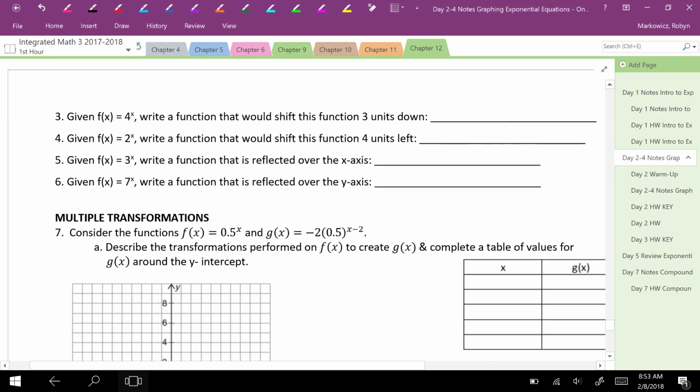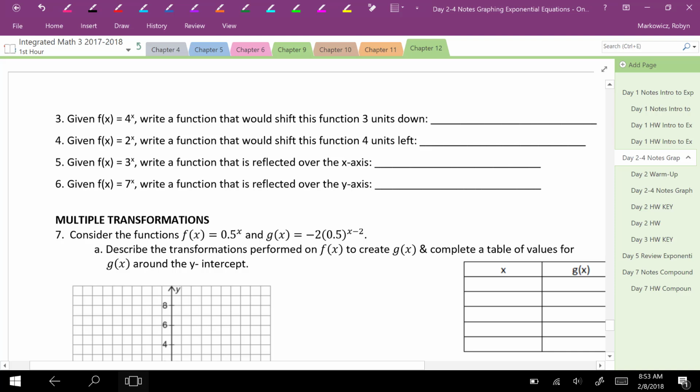I want you to give this a shot. Given f of x equals 4 to the x, write a function that would shift this function 3 units down. So try that one real quick on your own. What would shift it 3 units down?